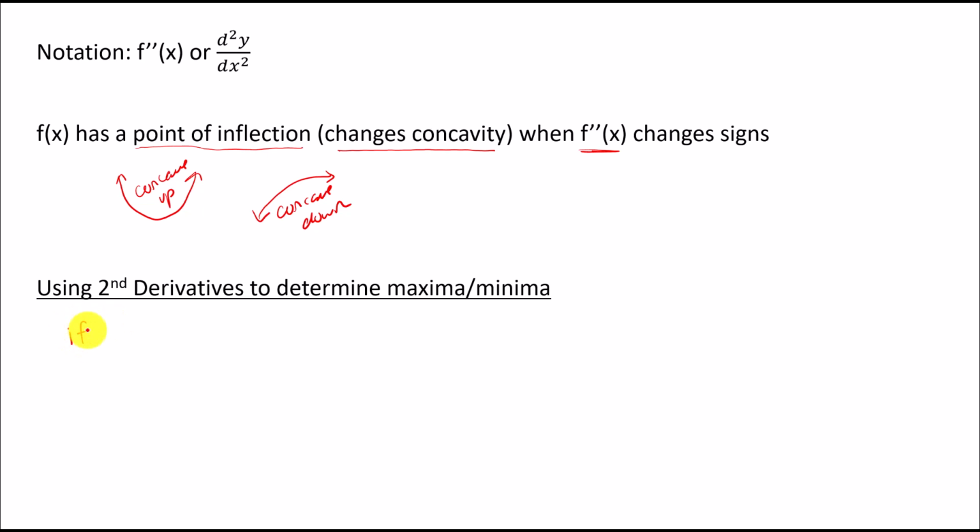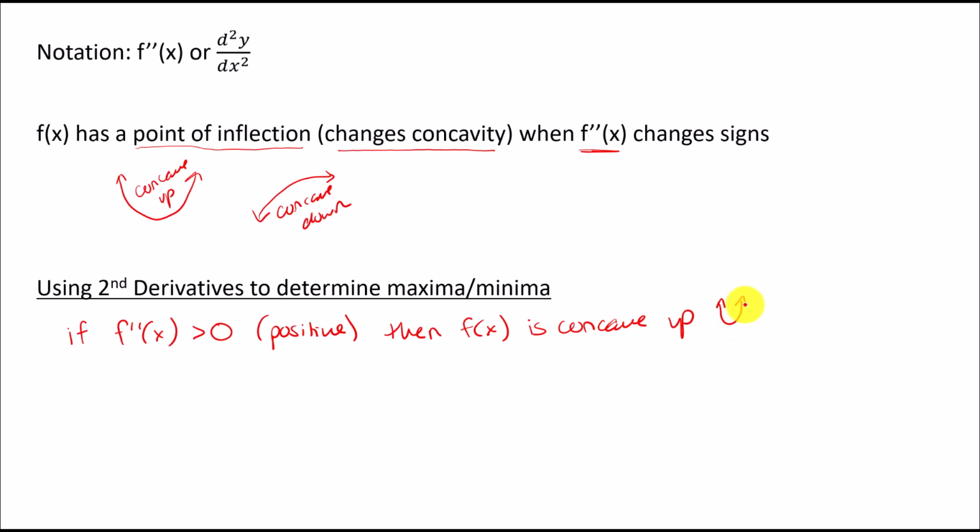If f double prime of x, which represents the second derivative, is greater than 0, which would mean positive, if I plug in a value and it's positive, then f of x is concave up in that situation. And remember, concave up looks like this, which would mean at that stationary point that I'm going to plug in, I'm going to have a minimum. So if it's concave up and the second derivative is positive, I have a minimum.